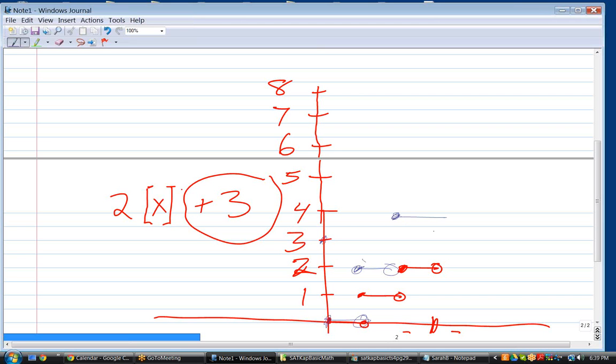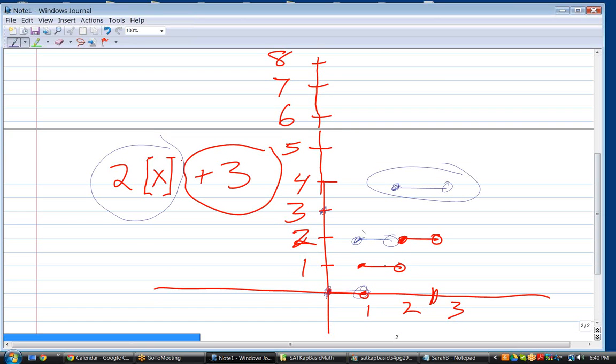In other words, my blue is 2 times the greatest integer function. If we check, if x were 2.5, we should be at 4. And we are. Whenever x is between 2 and 3, then y is 4.